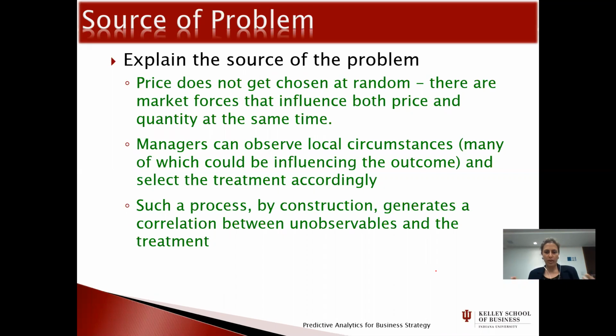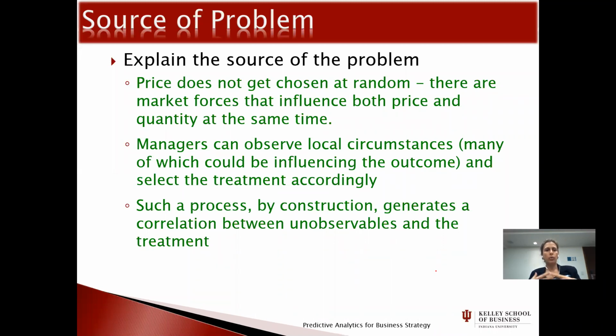Managers, when deciding how much to charge for their products, are going to pay attention to willingness to pay, to market forces, to market size, and to consumers' preferences. They are not going to throw a coin and decide on price. So price is not randomly chosen, and we know that when that happens, we have selection bias.